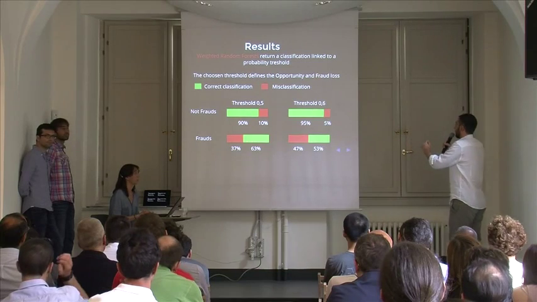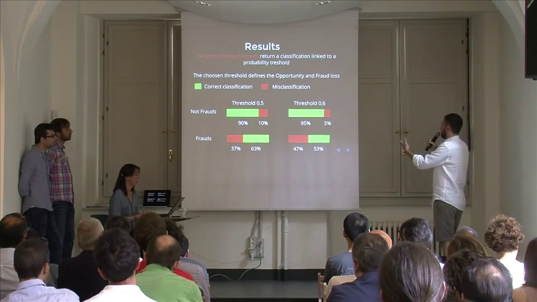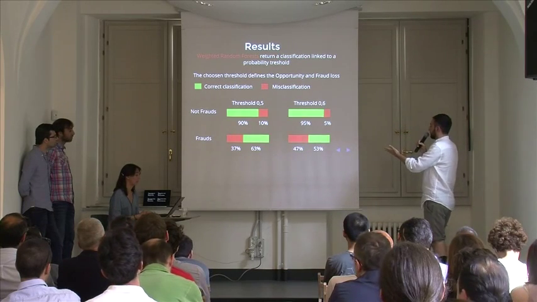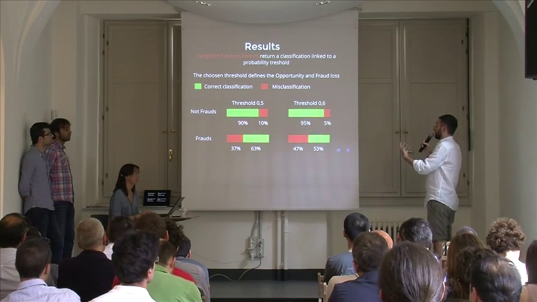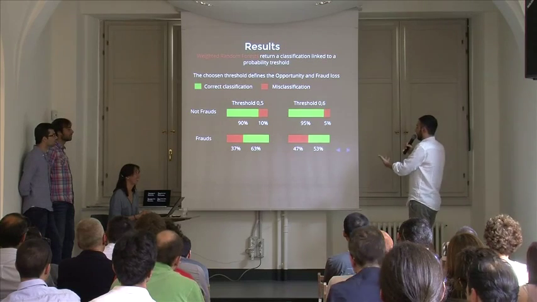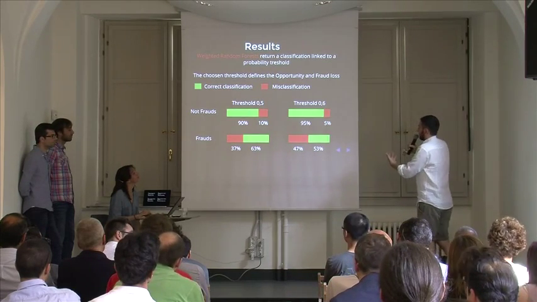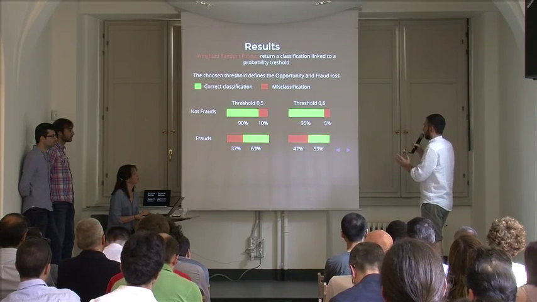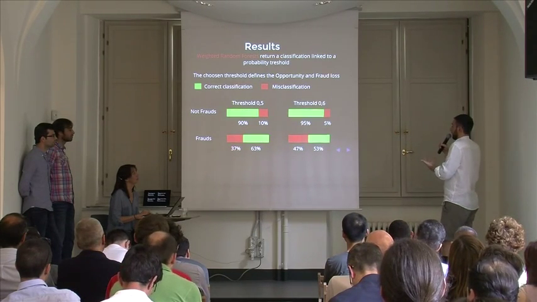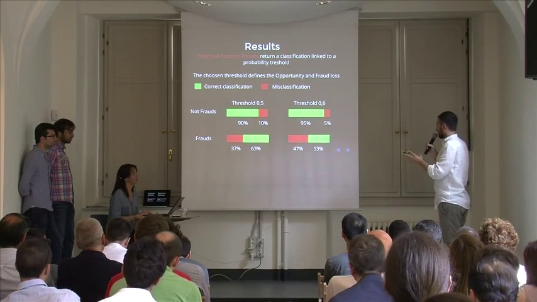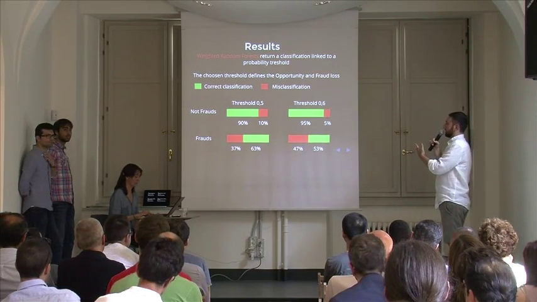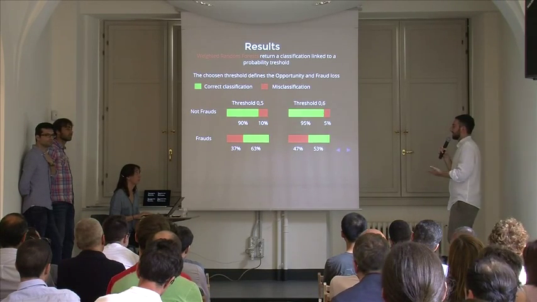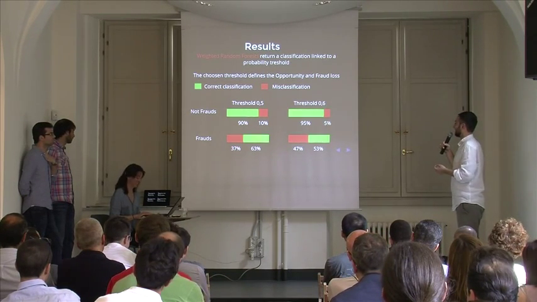We improved the amount of correct classification of non-frauds, but at the same time, unfortunately, because this is a trade-off, our amount of correct classification of fraud is 53%. So this is the trade-off, and this is a choice that has to be made.